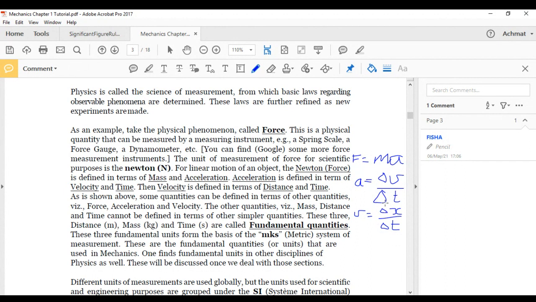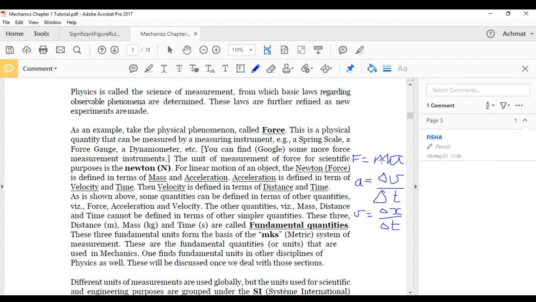If you look at this formula, I can say that t is equal to delta v over a, but t on its own, there isn't something simpler that you can put together to get time.